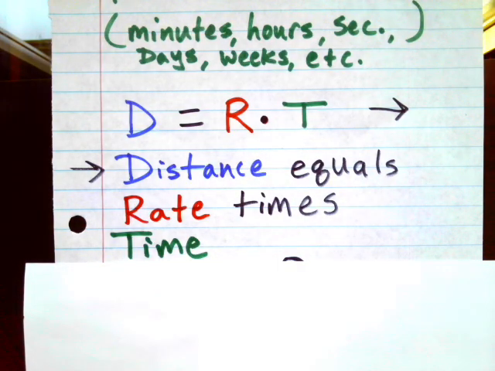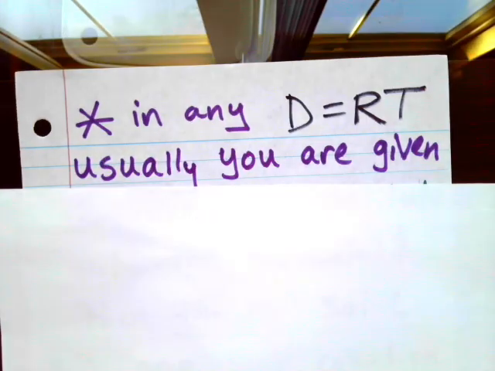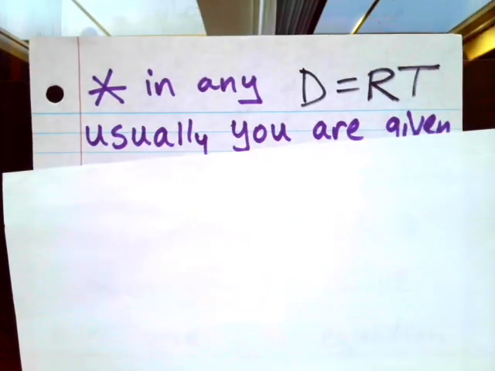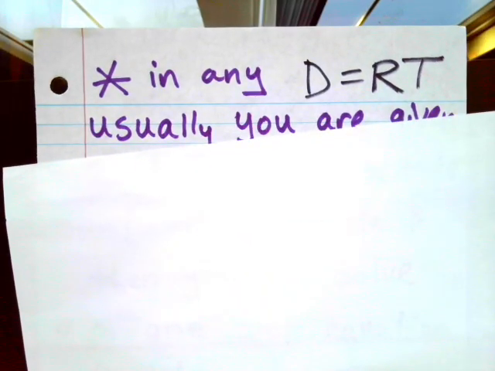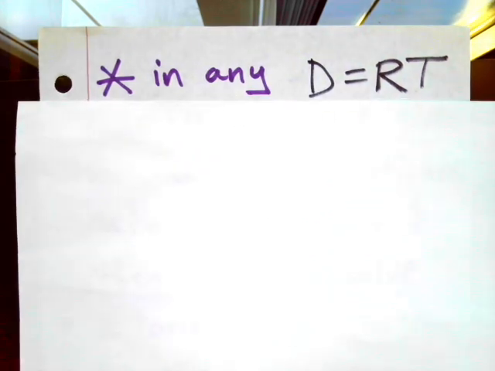I'd like to continue talking about this formula, D equals R times T. In the next video, I'm going to take some time and go through and answer the question. If you feel confident, go for it. Answer that question. I'll be back in video part number 2 and explain how you're going to answer that question.